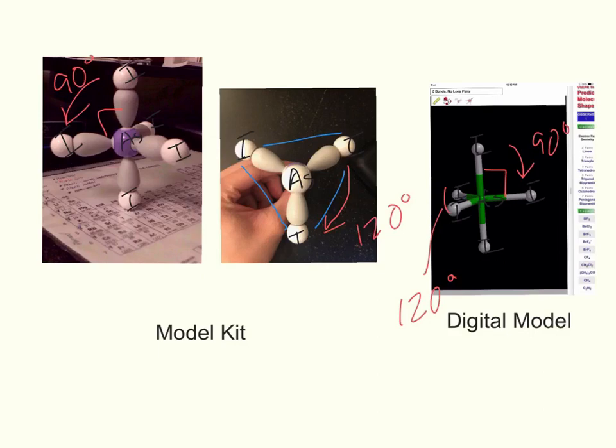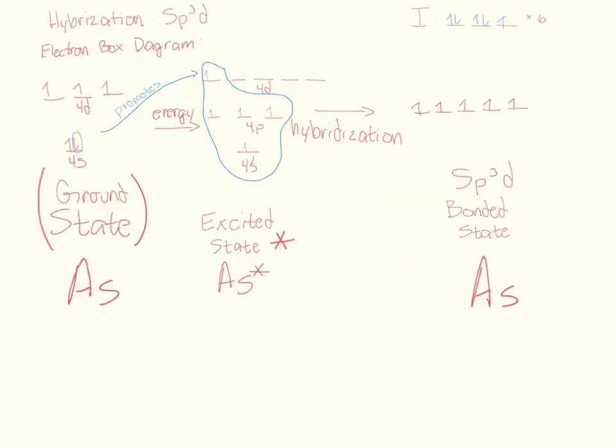Now in the next clip, we're going to move on to the electron box diagram. In the electron box, we start with the ground state of arsenic. We have a pair of 4s electrons and 1, 2, 3 separate electrons in the 4p orbital, not 4d, 4p orbital.